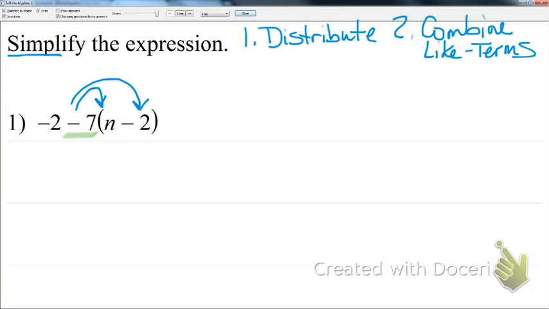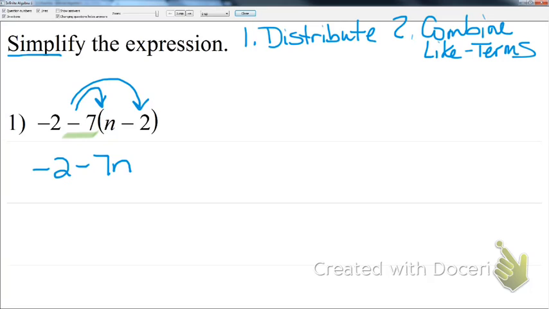You will distribute the -7 by multiplying it to each term on the inside of the parentheses. So you just copy down the -2 that started the problem off because we're not doing anything with it. -7 times n is -7n. -7 times -2. Don't forget those signs. The signs go with the numbers.